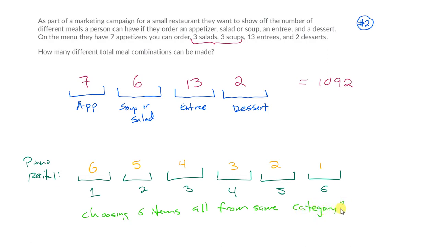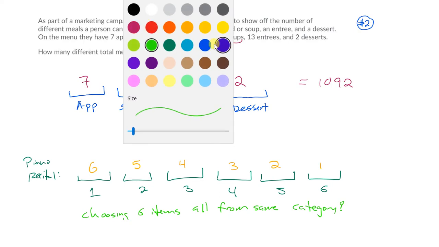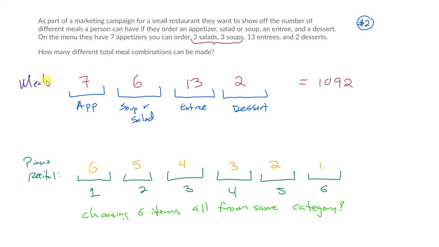In the case of the meals example, these are all different categories. We have 4 different categories. We have 4 slots that we have to fill in. Each is a different category, so each one is its own number. It's not the same category.